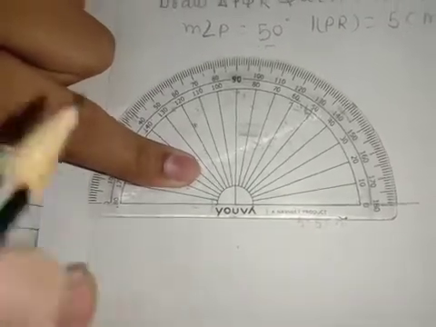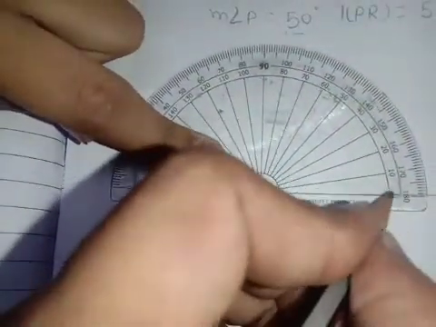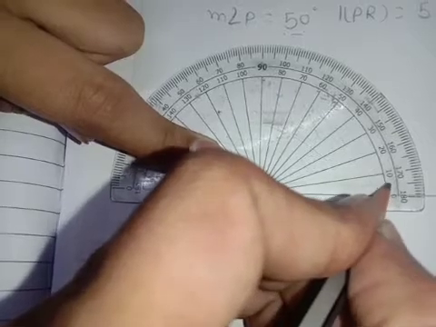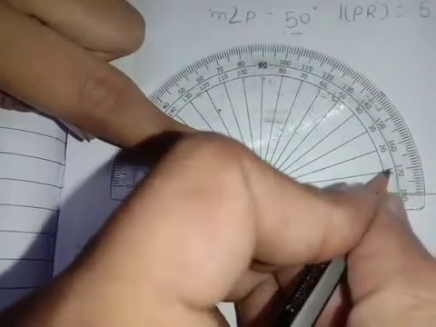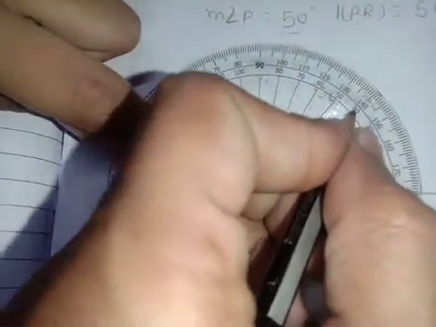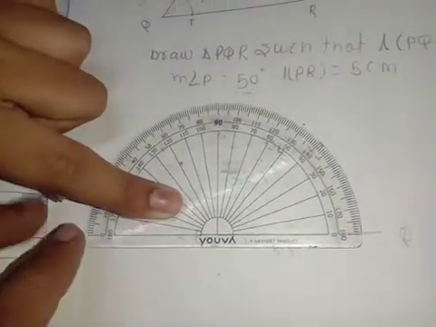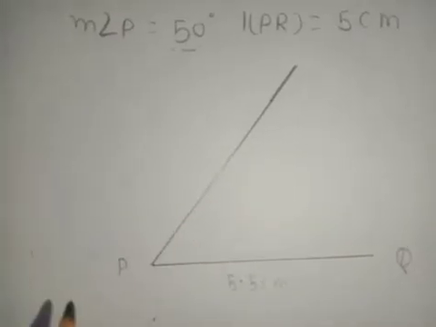Measure this angle on the lower side in the anti-clockwise direction: 0, 10, 20, 30, 40, 50. Here we get our 50 degree angle. After that, let's connect this point to point P.